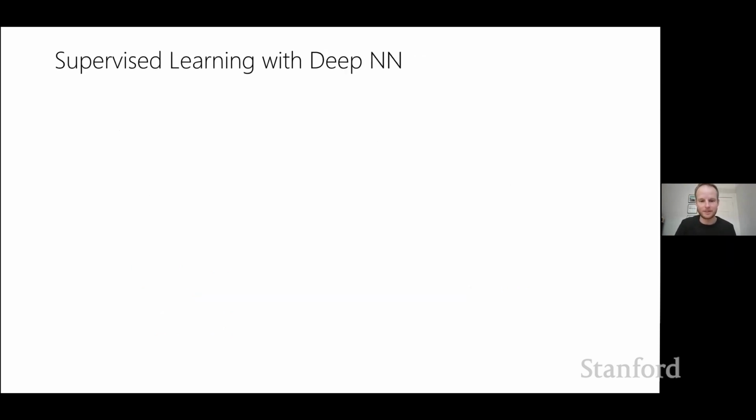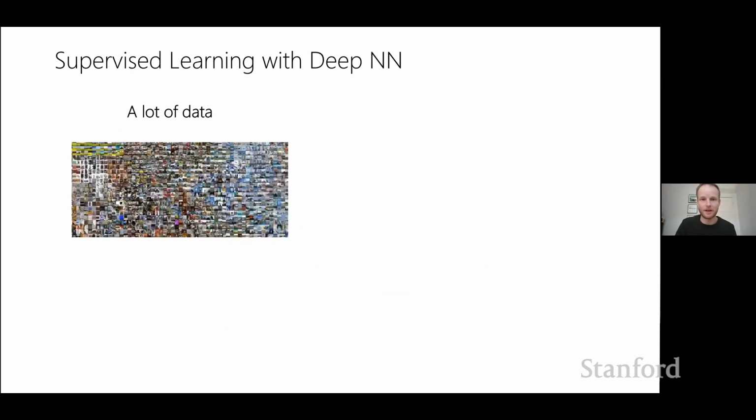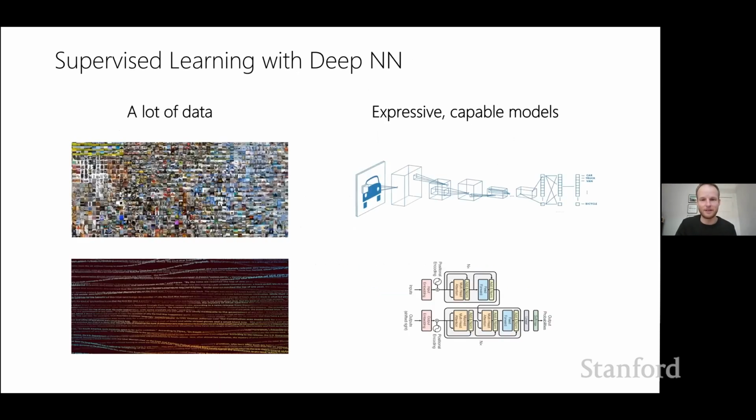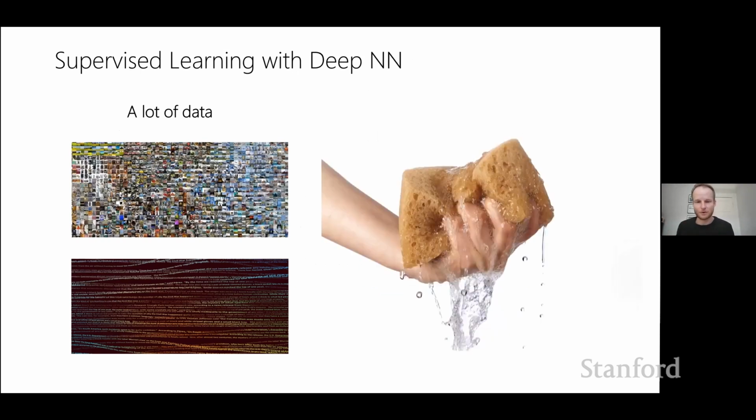What I mean by this is that if we look at large language models, for instance, or any supervised learning recipes right now, they require a lot of data and very expressive, capable models that can digest all of that data. In other words, they're able to absorb large amounts of data. They're really good data sponges.